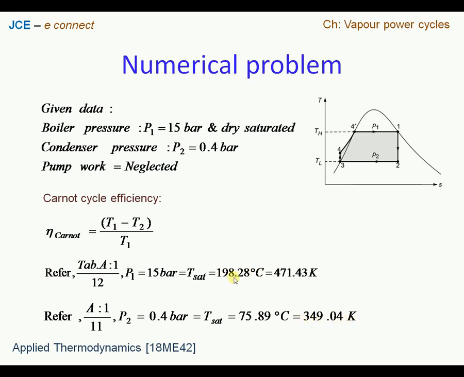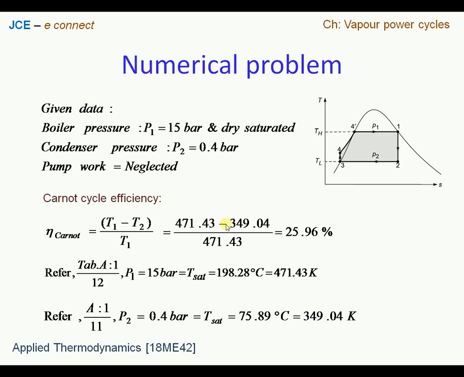So now we have temperature T1 and temperature T2. Therefore, one can substitute these values into the above equation and get the efficiency as 25.96%.